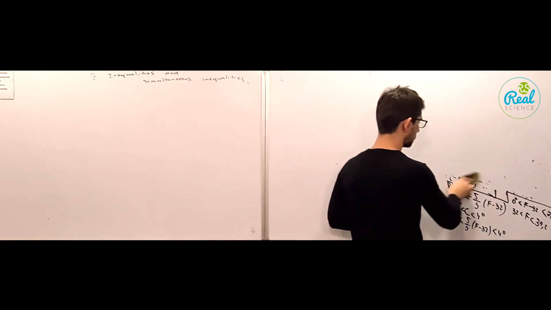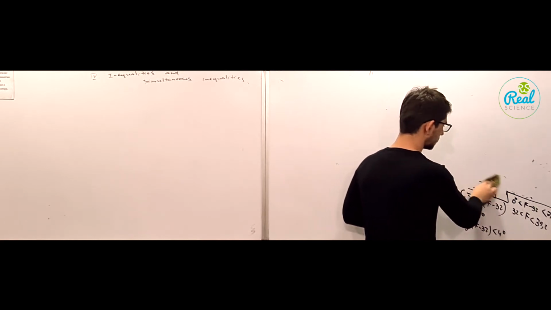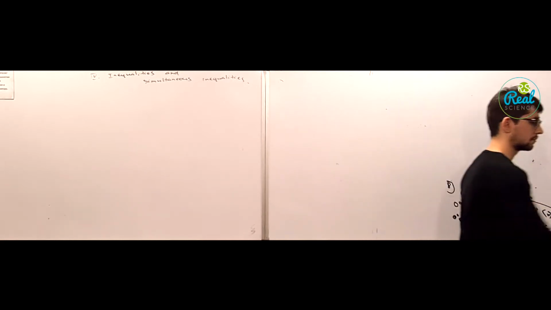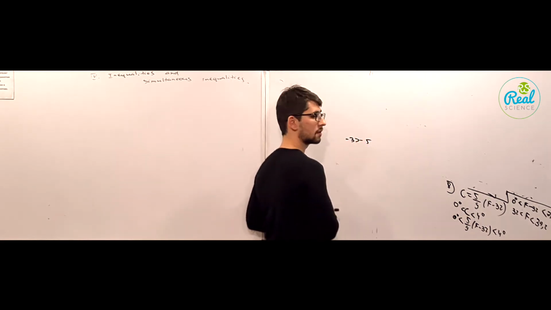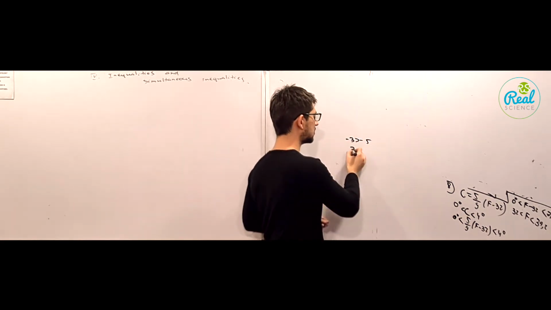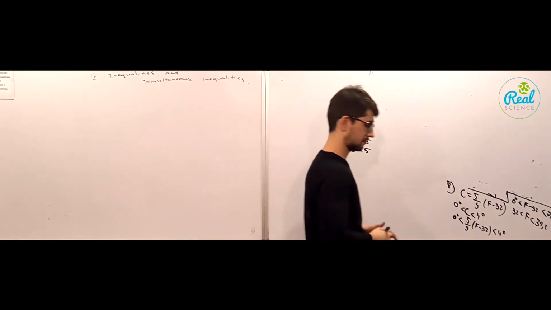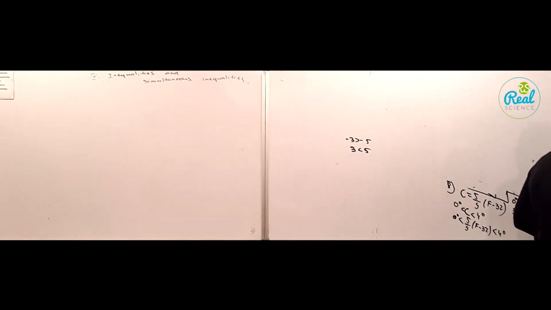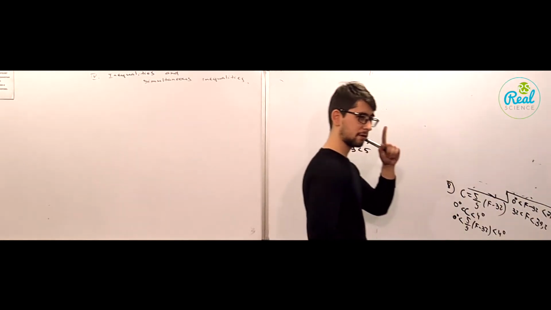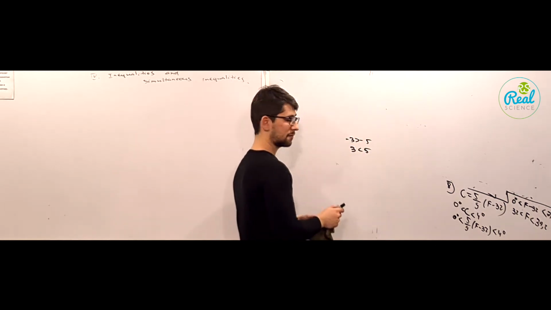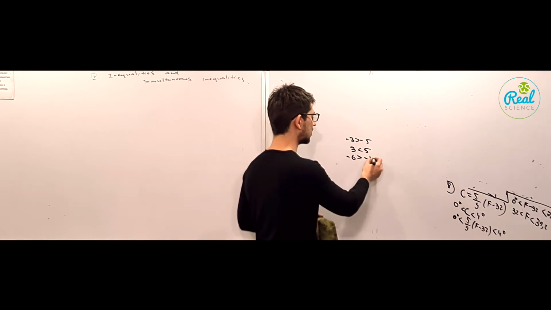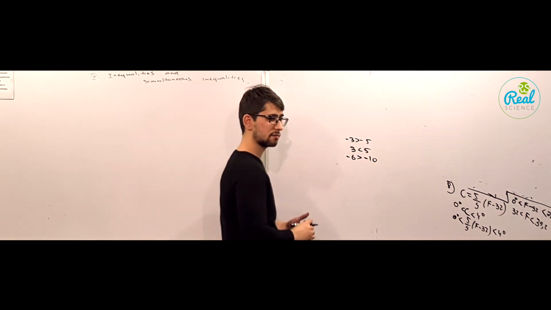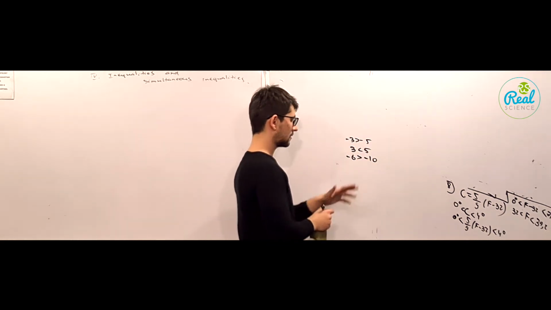For example, minus 3 is greater than minus 5; if you multiply both sides by minus 1, you change the sign. Only when your C is negative, okay? If your C is positive, if you multiply by 2, let's say, minus 6 stays greater than minus 10, right? If your C is positive, the sign stays.